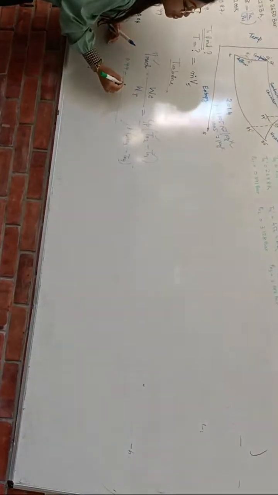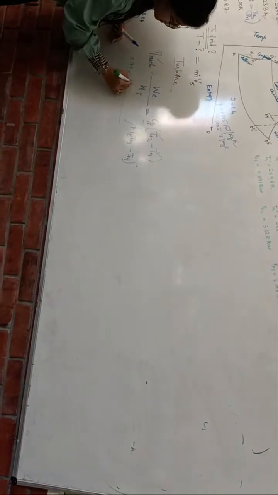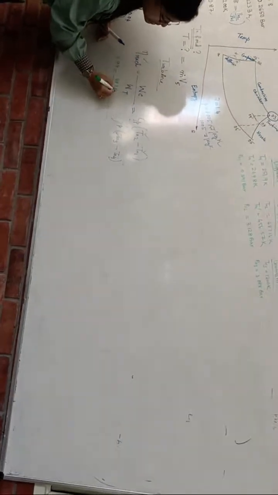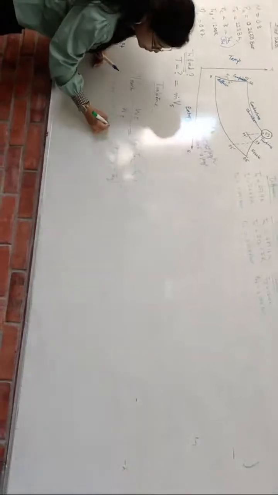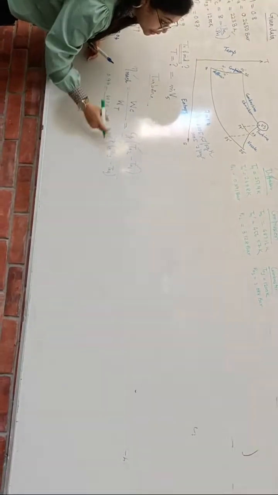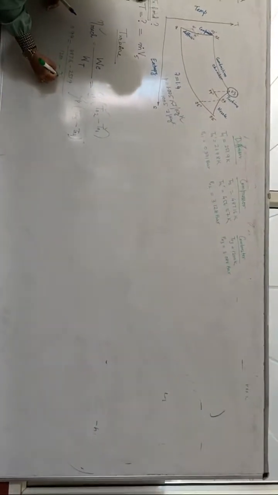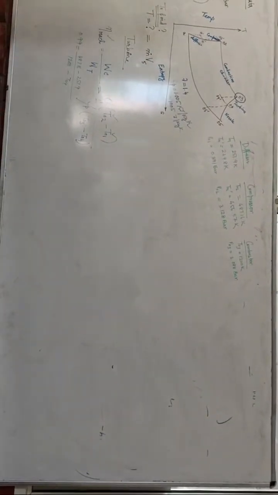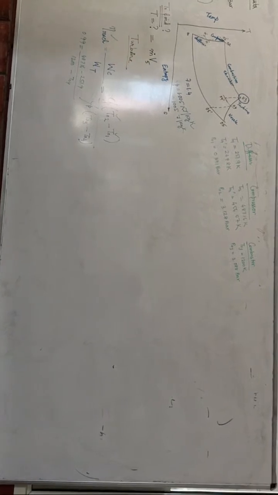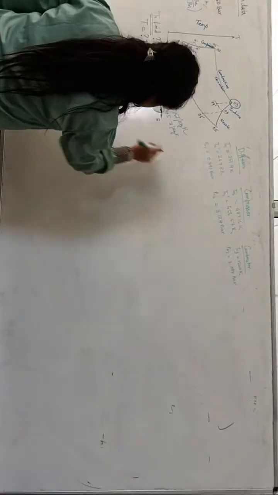What is the T02 value? 487.16 minus 251.9. And what is T03? 1200 minus T04. From here I can find the unknown T04.